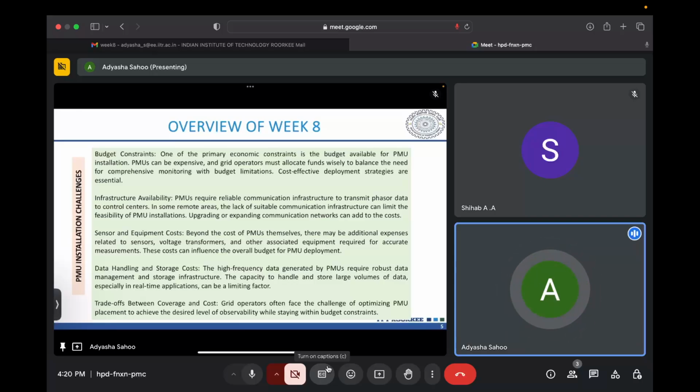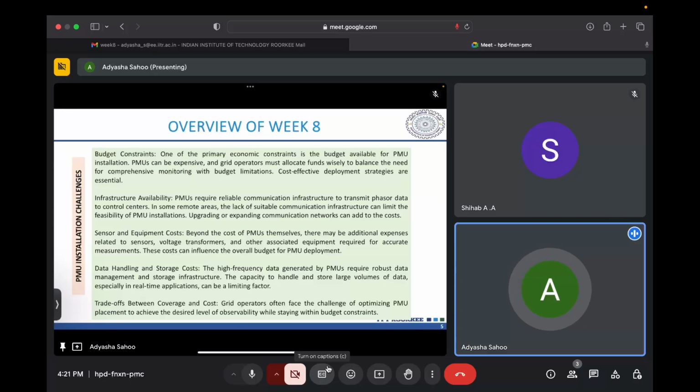Secondly, these PMUs require a reliable communication infrastructure to transmit the data to the control center, and we also need time synchronization with the GPS. All this requires a very good communication infrastructure, which is not the scenario currently.